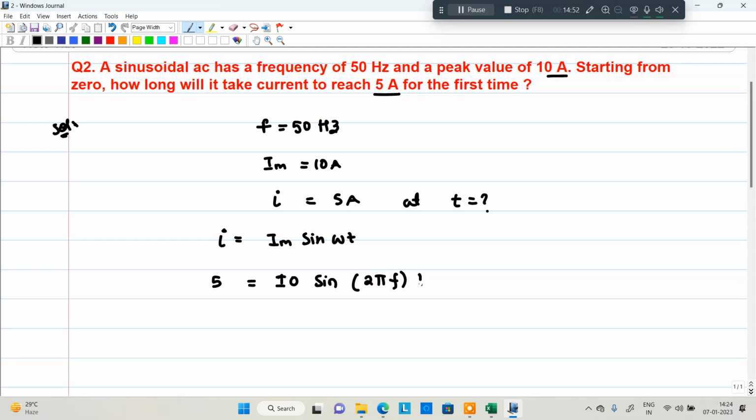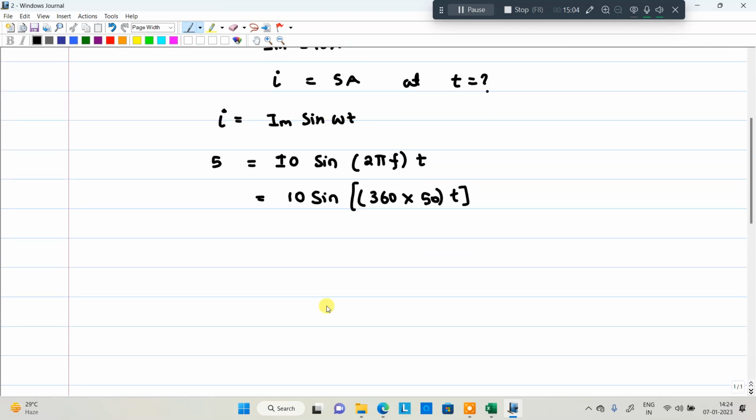So 5 is equal to 10 into sine 2 pi, that is 360, into frequency 50 and time t. From that, sine 360 into 50 t is equal to 1 by 2.